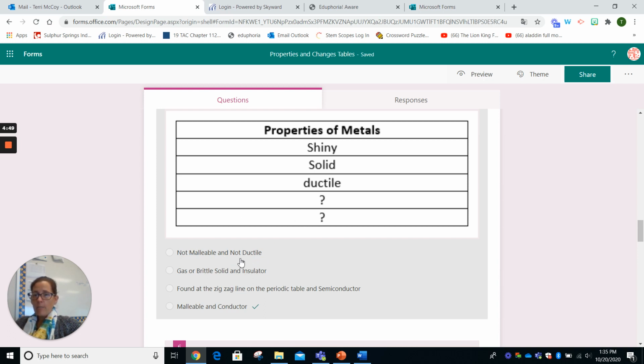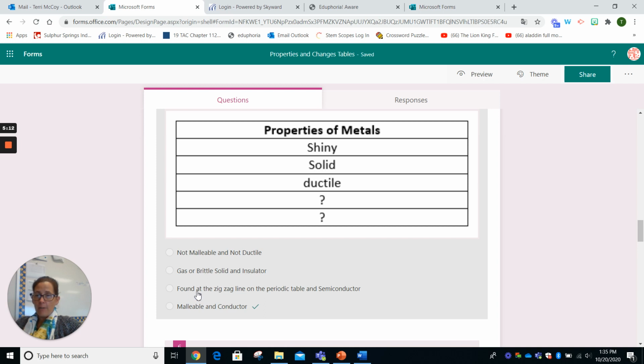Are they not malleable and not ductile? That can't be it, because here we have that they're ductile. We know metals are both malleable and ductile. Are metals gas or brittle solids and insulators? No, they're not. Non-metals are gases or brittle solids, and non-metals are insulators.